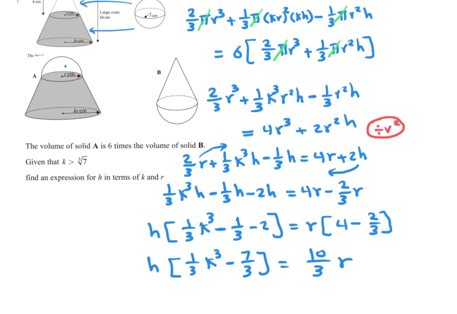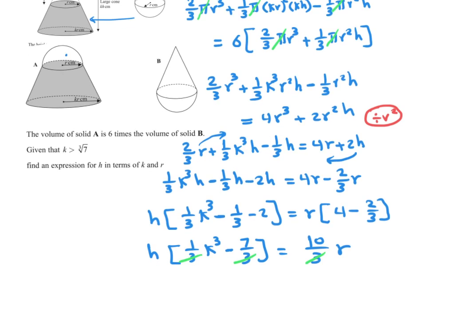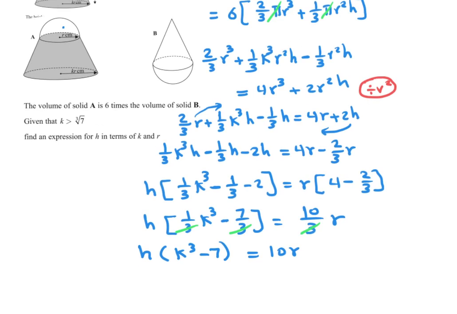You can cancel 3 with 3 or multiply all sides by 3, so you are left with h into (k³ minus 7) equals 10r. Now h equals 10r over (k³ minus 7).